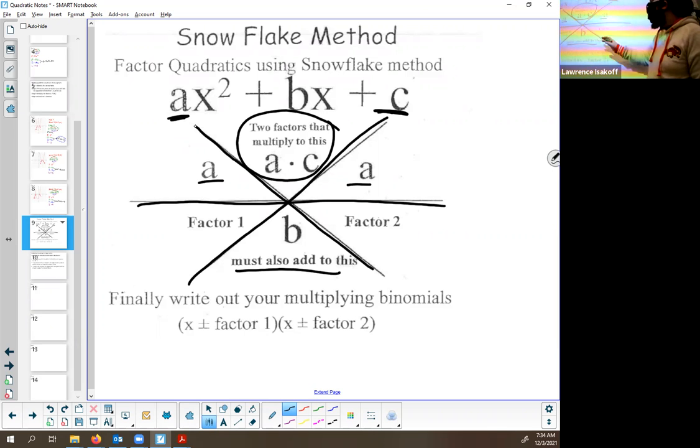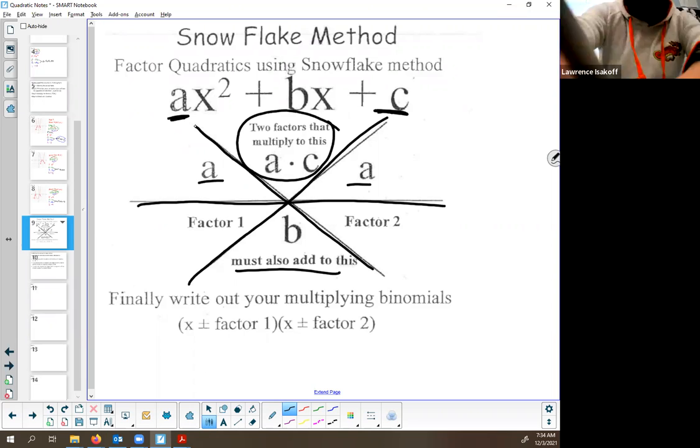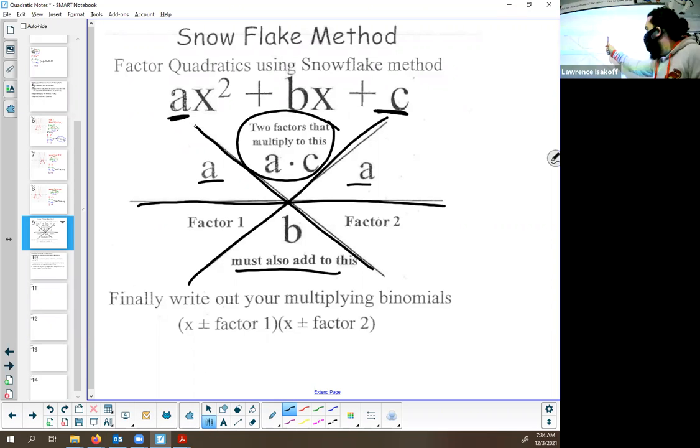What we're going to do is we're trying to find a number that multiplies to the top and adds to the bottom. So we want to multiply to what's up here and add to what's up here.